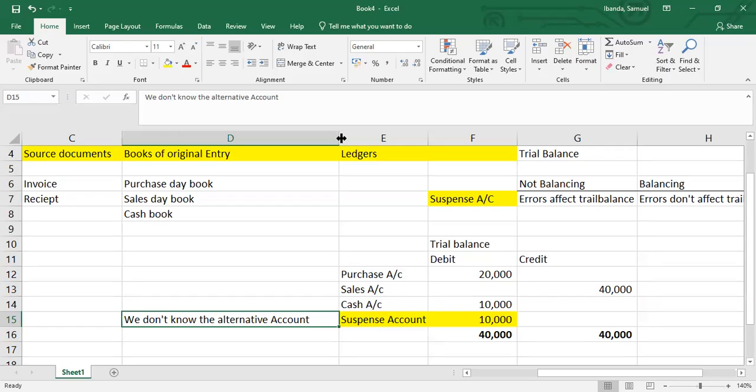I'll give you an example just in case. Maybe today you're here and the next morning you get to work and they tell you that one of the stores caught fire. So the question will ask you, what is the double entry you have to pass to recognize the store that got burnt down? For you, you'll be saying we lost stock.